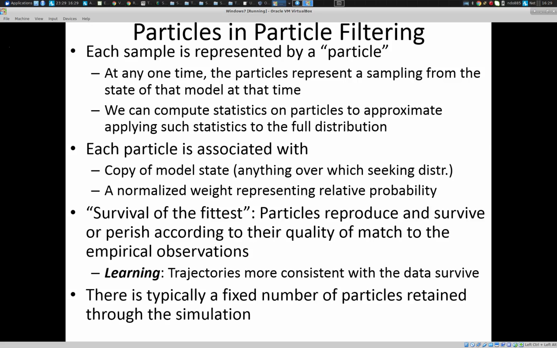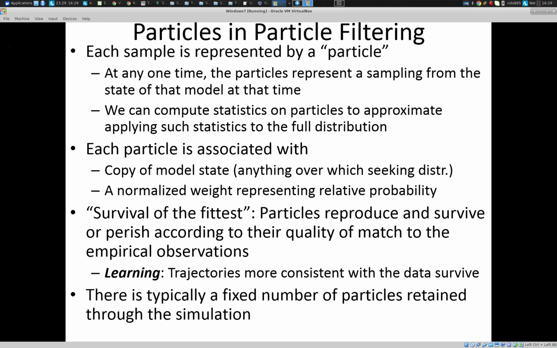They're not consistent with the data. They have low credibility, and they're likely to disappear at some point. They're just not competitive hypotheses. And the point is, the trajectories that are more consistent with each new data point survive and are shaped by each new data point in a way that represents this distribution.